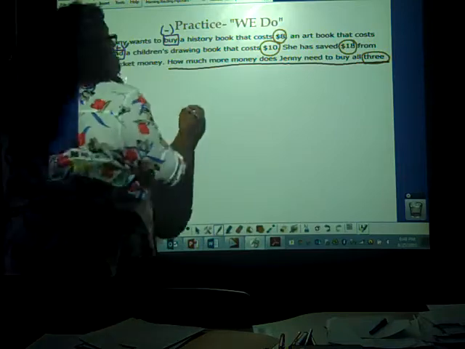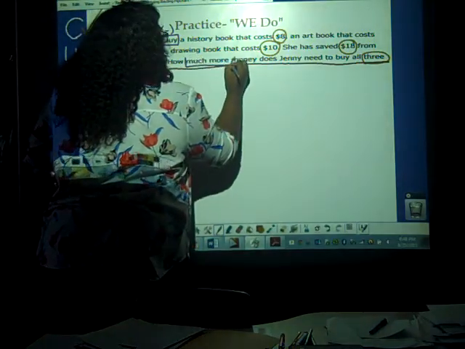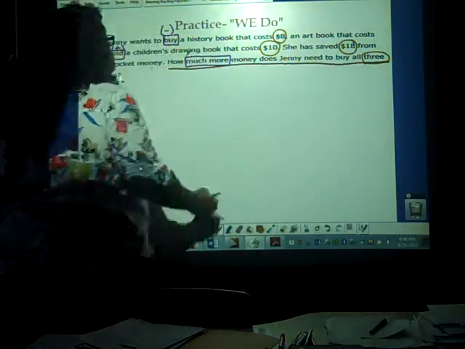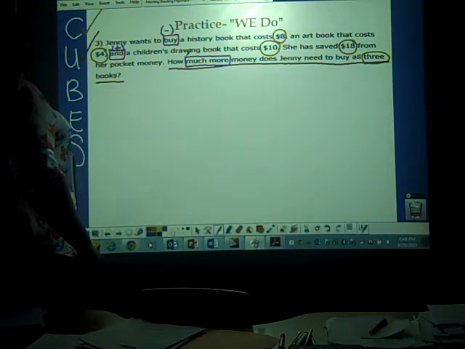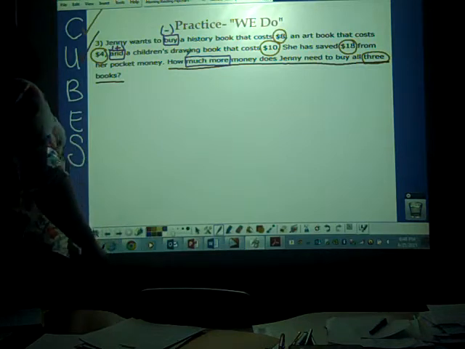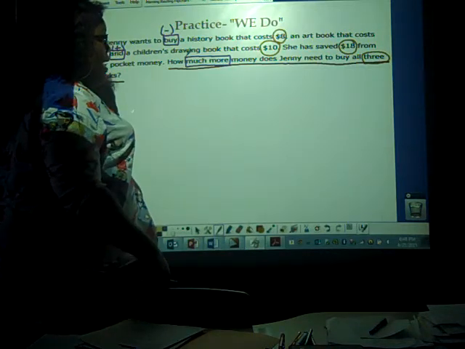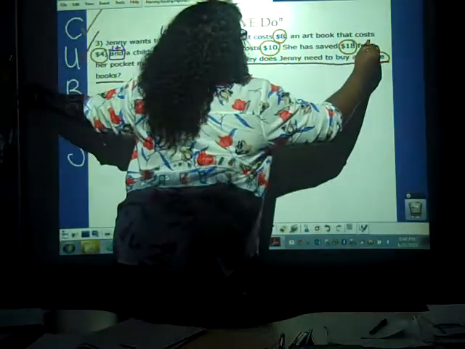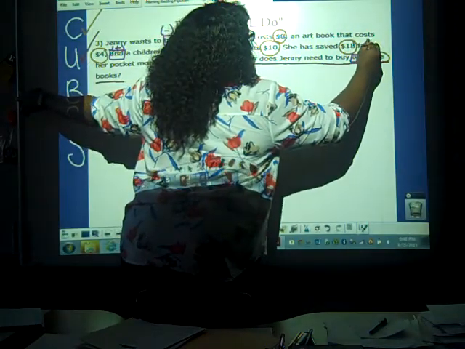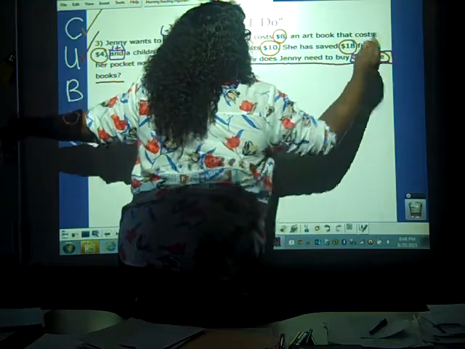How much more? How much more money does Jenny need to buy all 3 books? The word all is important.